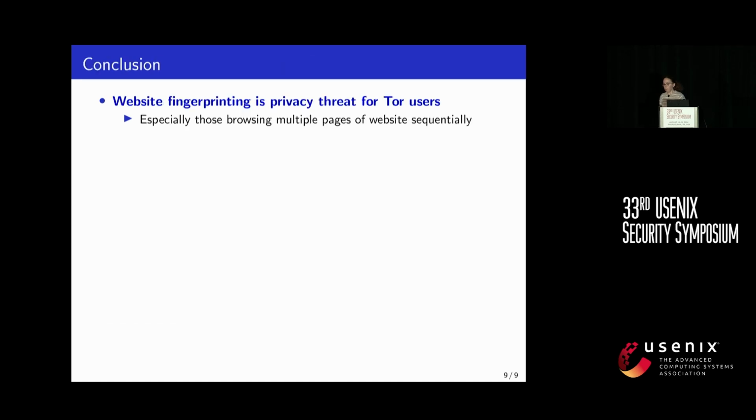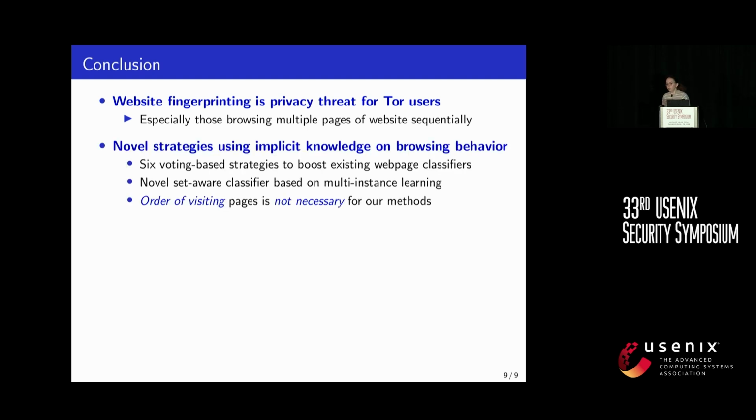So we can sum up that website fingerprinting is still a privacy threat for Tor users, especially those that browse multiple pages of the website sequentially. For this, we propose different strategies using implicit knowledge of user behavior.